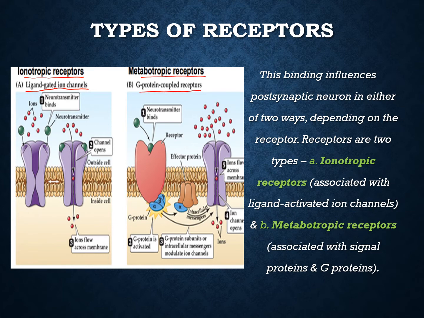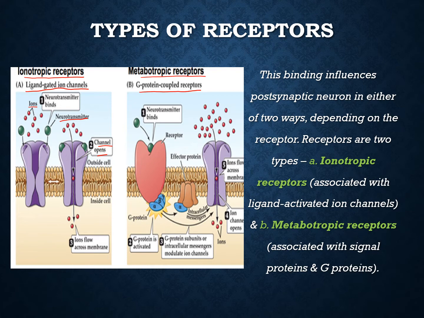Ionotropic receptors are associated with ligand-activated ion channels. On the left-hand side of the diagram, the red circles are the ions and the green circles are the neurotransmitters. The neurotransmitter binds and the channel opens, and ions flow across the membrane.